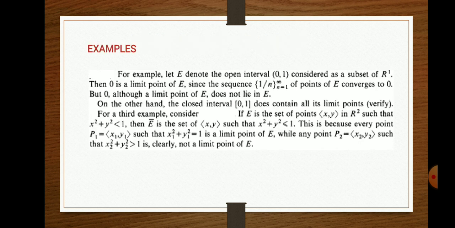These are all the examples. Let E denote the open interval (0, 1) considered as a subset of R1. Here 0 is a limit point of E, because if you consider the sequence 1/n of points of E, it converges to 0.